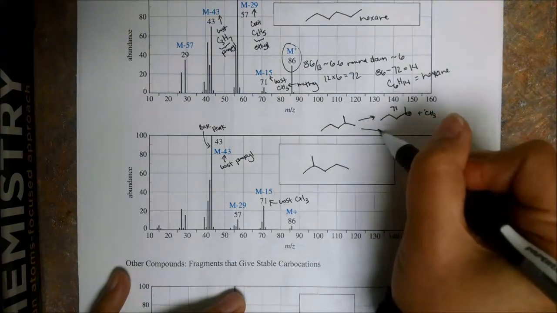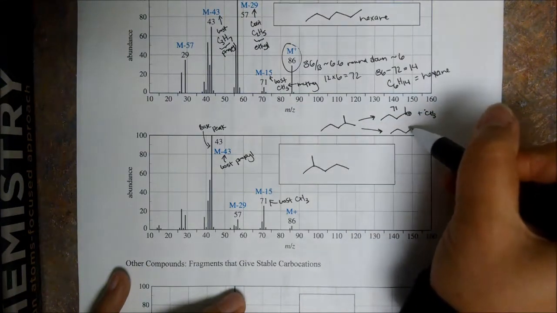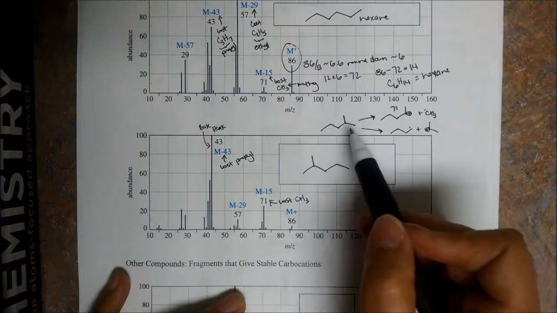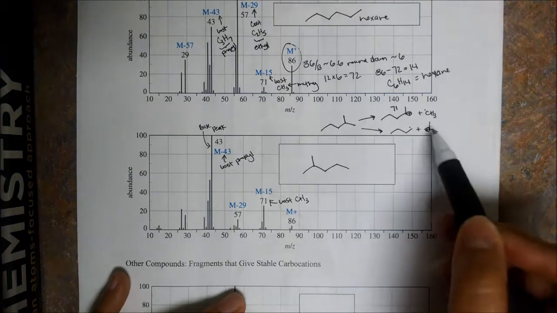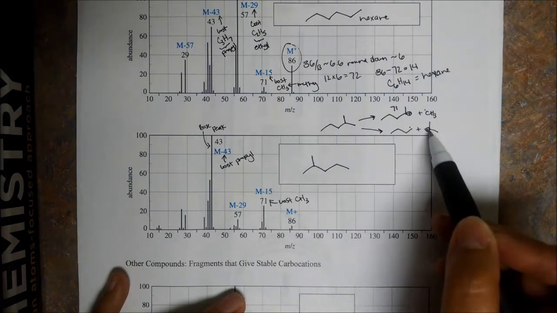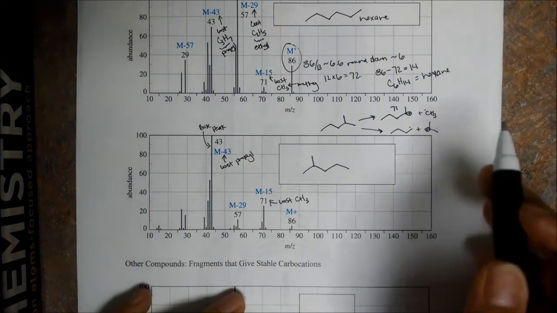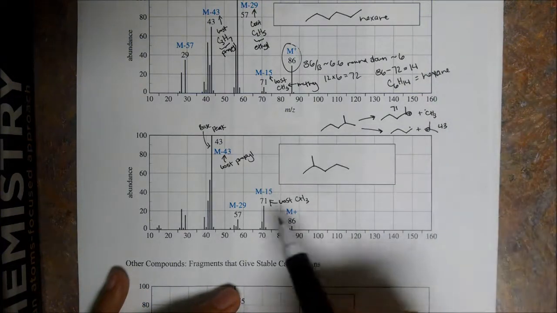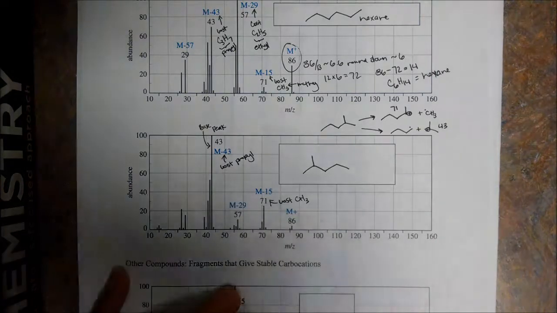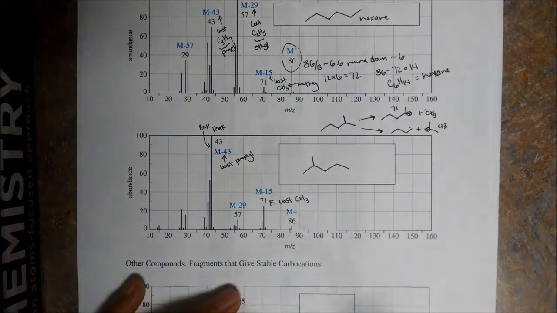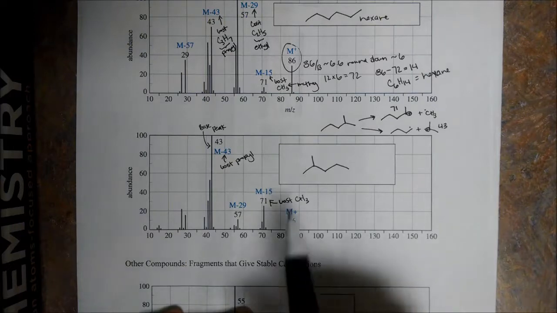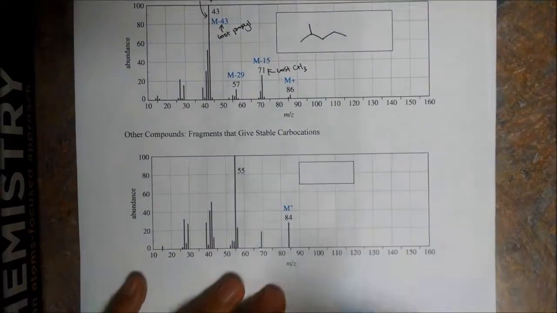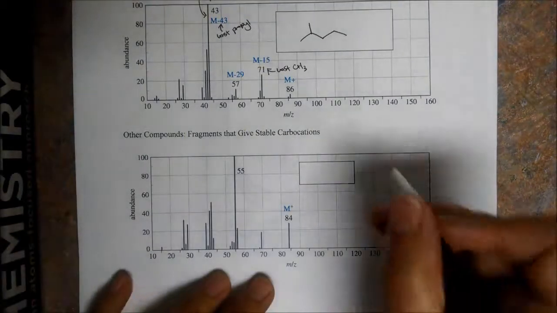Another way to get a secondary carbocation, though, would be if it were to fragment this way. So this whole part gets lopped off. We get a nice secondary carbocation. It's a stable carbocation, and this corresponds to a mass of 43, which is again why it may be the base peak, because its cation is pretty stable. We can use this analysis for other things.